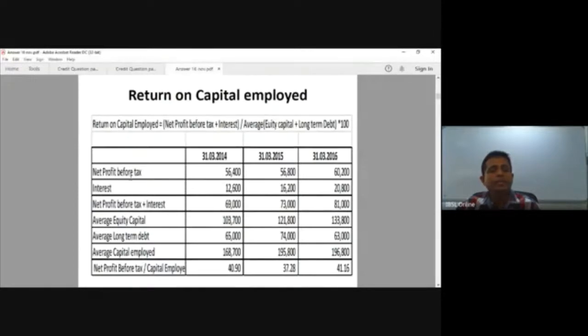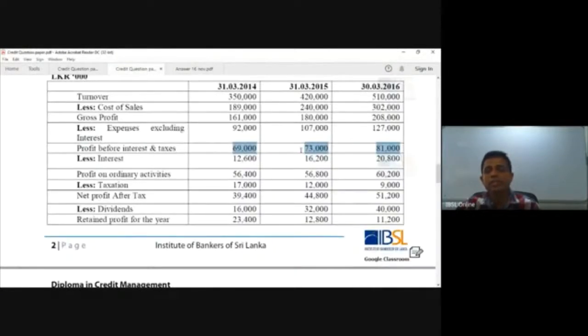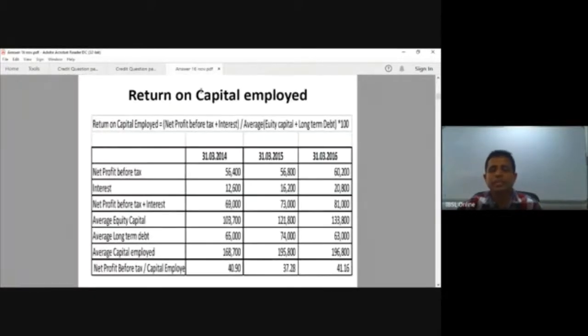That is, we took net profit before tax and added the interest. If you want, you can directly take profit before interest and tax. Here it is given as 69,000, 73,000, and 81,000.